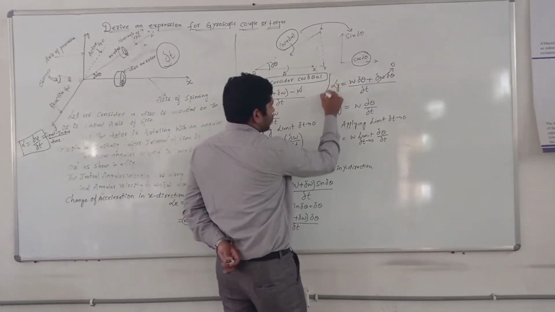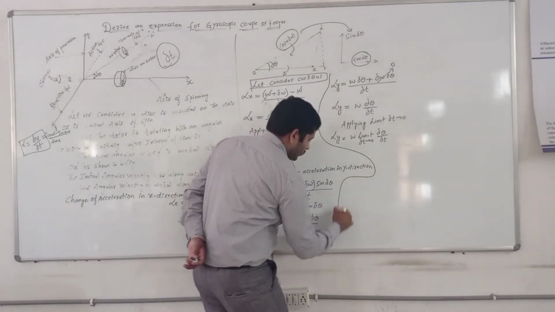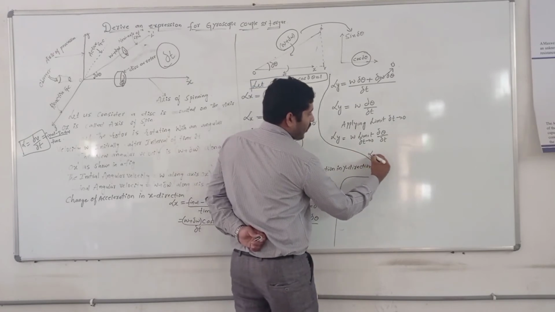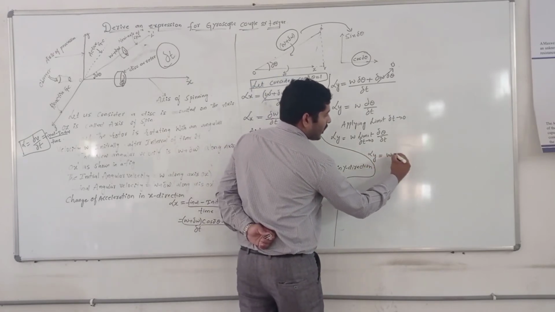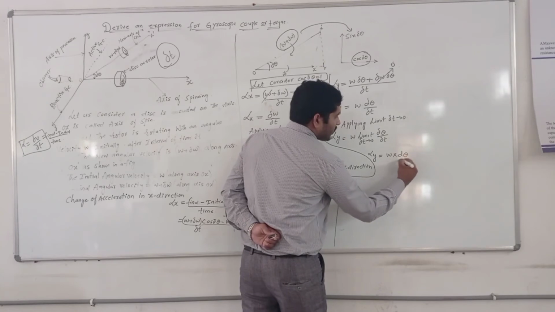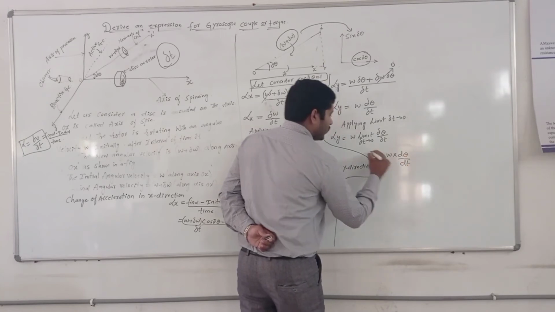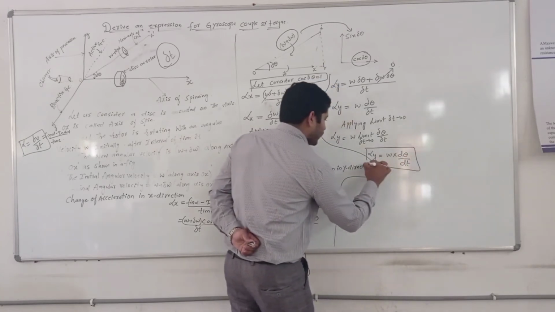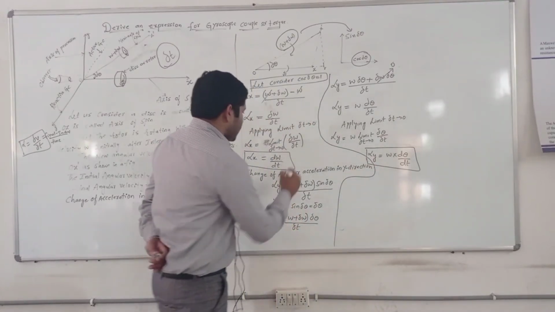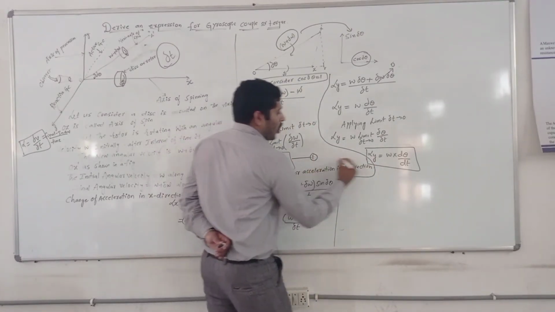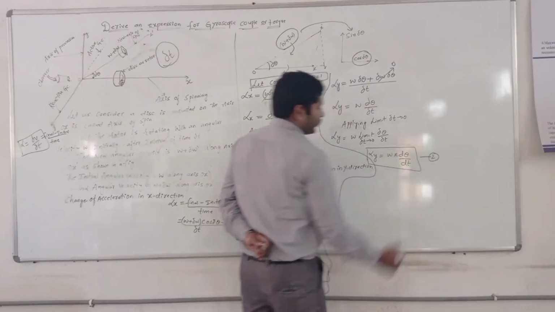Then we can represent it as alpha y equal to omega into d theta by dt. That is the value of the second equation. So it is considered as equation number 1 and equation number 2.